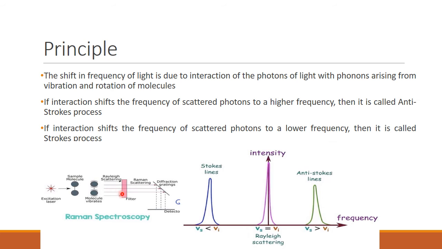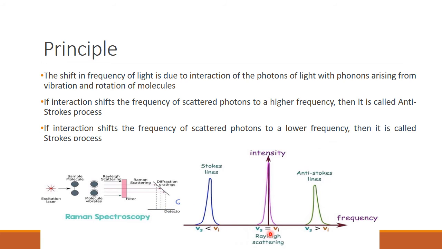By using a transmission grating, we remove the Rayleigh scattering and take only the Raman scattered light. We obtain the Raman scattered light at different wavelengths and define its intensity at different wavelengths, and that is defined as the Raman spectrum.